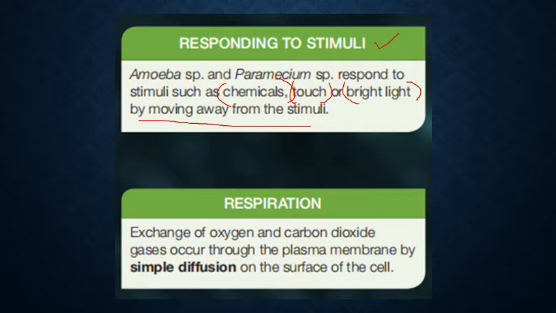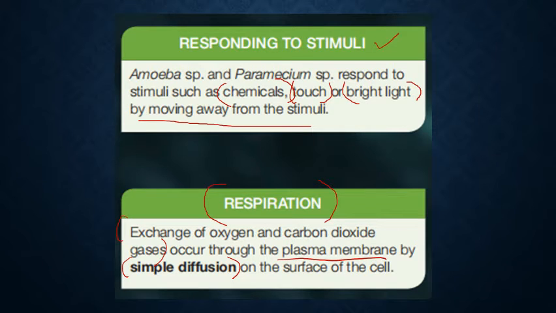Respiration. Unicellular organism as simple as amoeba and paramecium do not have respiratory structure or respiratory system. Why? Because the exchange of oxygen and carbon dioxide occurs by simple diffusion through the plasma membrane.